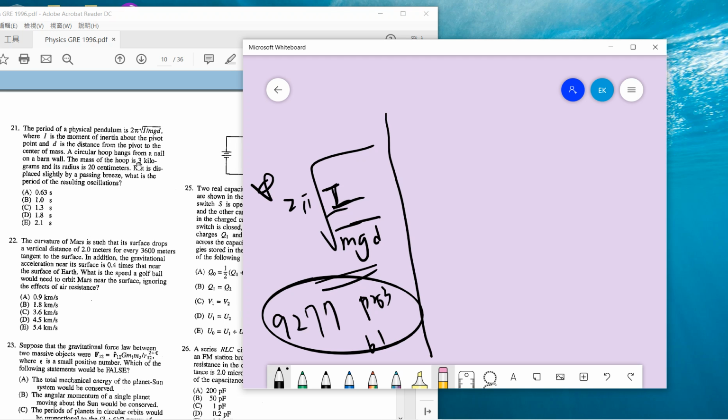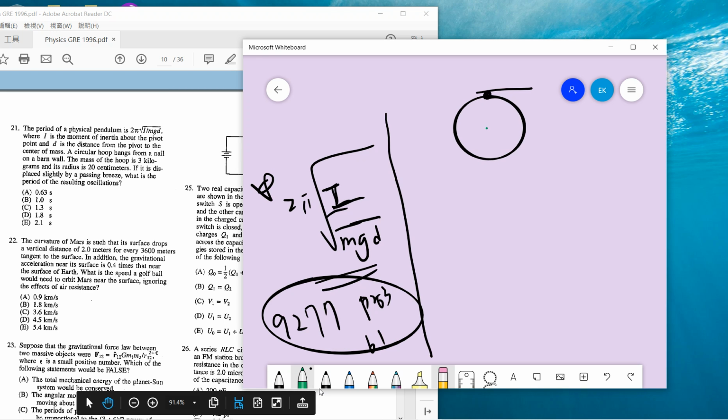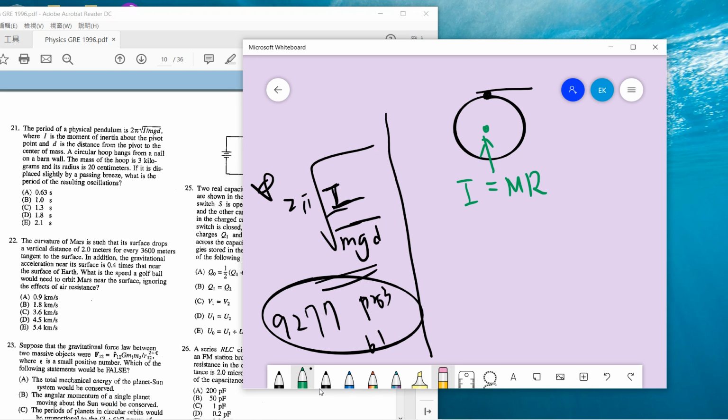Basically, it's a circular hoop, so you have a loop, and the loop has moment of inertia mr squared. But what we need is the moment of inertia about this point. So due to the parallel axis theorem, we just add mr squared from here to here. So we have 2mr squared.